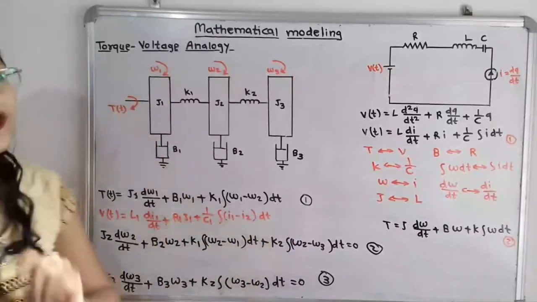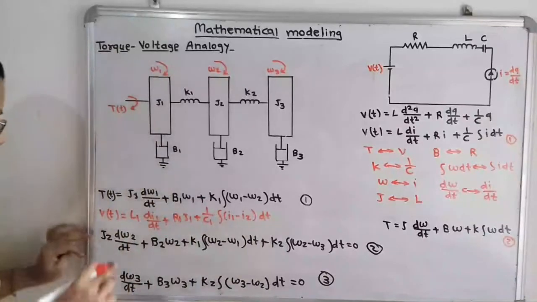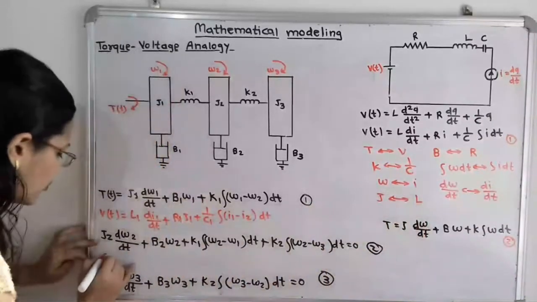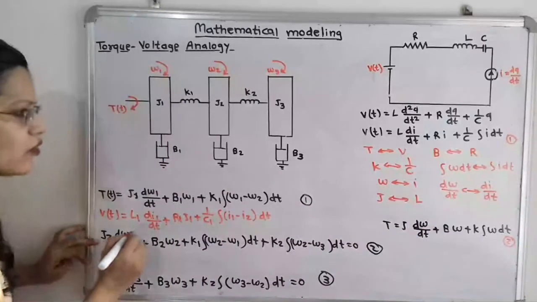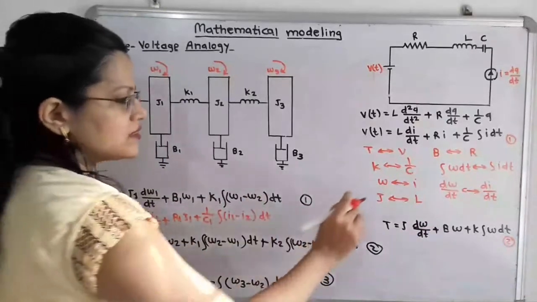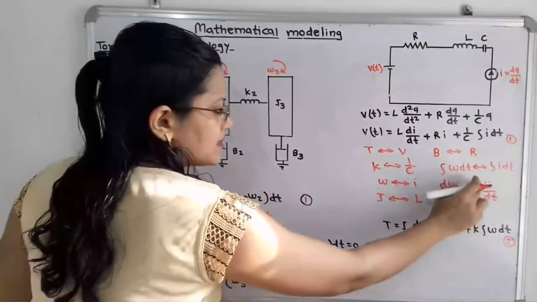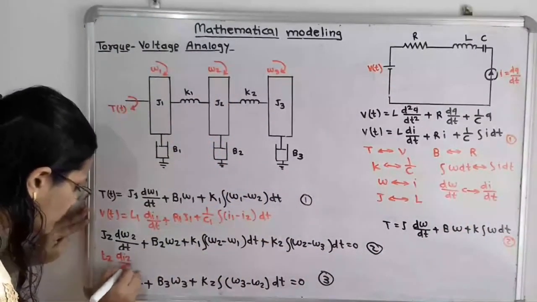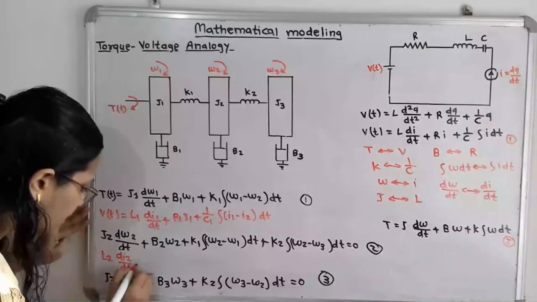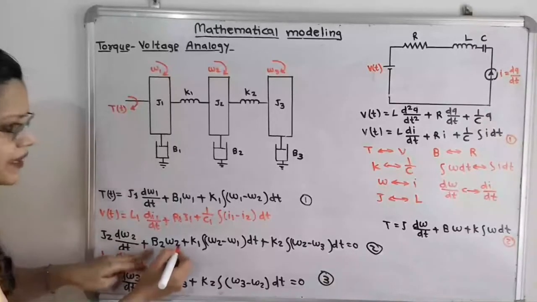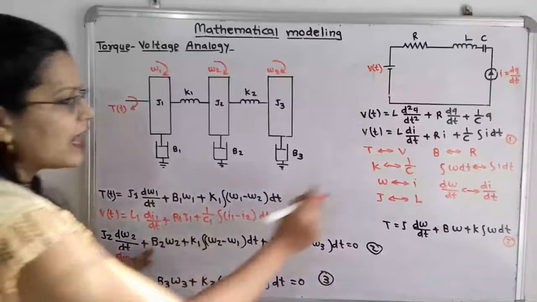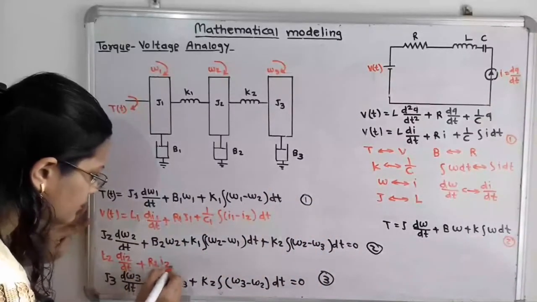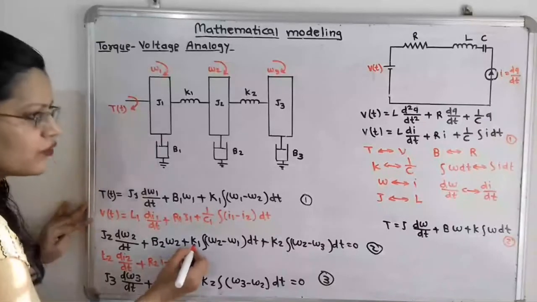So this is the equation. Then we will move to the next differential equation, that is J2 d omega 2 by dt. So J2 is nothing but L2, and d omega 2 by dt is di2 by dt, plus B2 omega 2. So for B2 I will take R2 I2, plus K1.